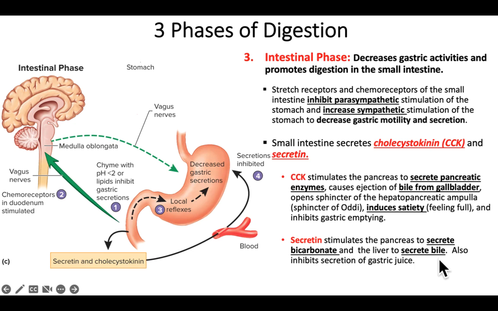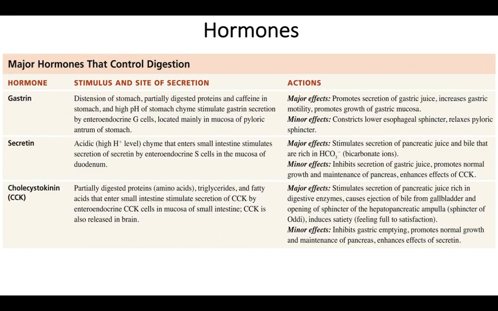So notice what these two hormones are doing. They're going to inhibit the stomach, but they're going to stimulate the pancreas, the gallbladder, and the liver. All right? And those are the three organs that are required to help your small intestine do what it's going to be doing next. All right?